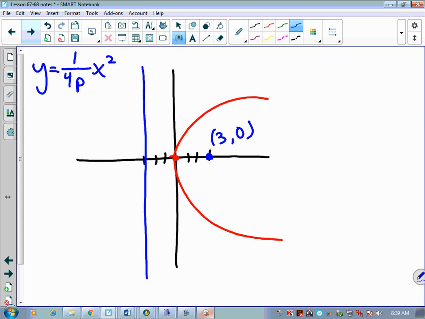We're going to find another box. It says the graph of the quadratic y equals ax squared is a parabola whose vertex is 0, 0, which is true for ours as well, whose focus is 0, p. We have that same type of situation, but ours here is 3, 0. And the directrix y equals negative p has the equation y equals 1 over 4p x squared.